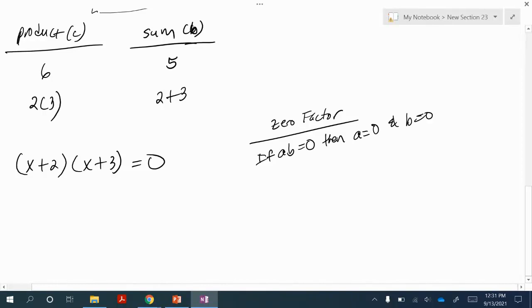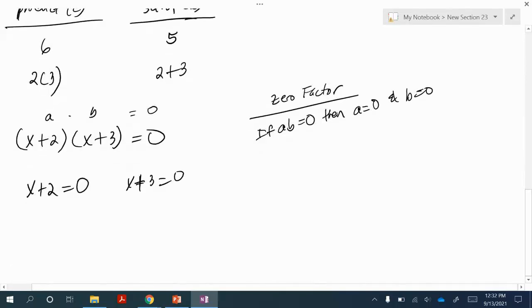So in our problem, x plus 2 times x plus 3 is equal to 0. A is going to serve as x plus 2, B is going to serve as x plus 3, and it's set equal to 0. So we're going to use the zero factor property, and I'm going to write this as x plus 2 equals 0, and x plus 3 equals 0.